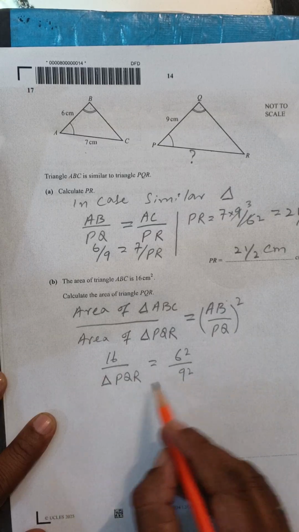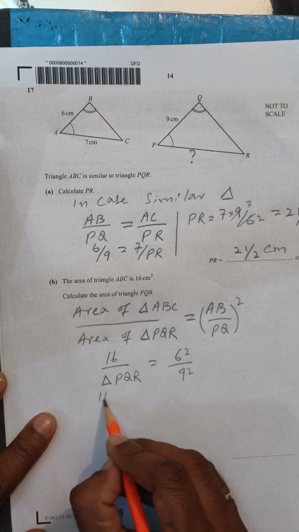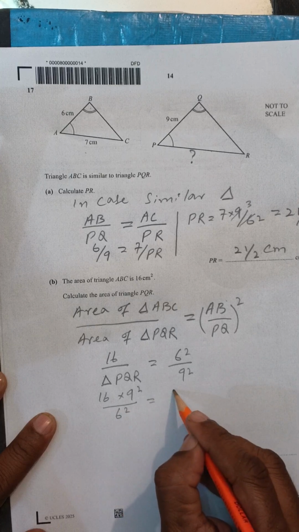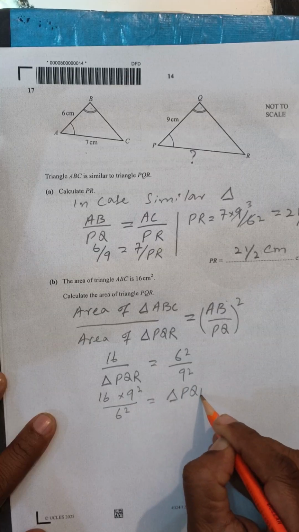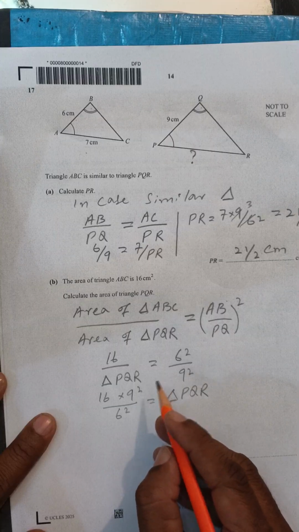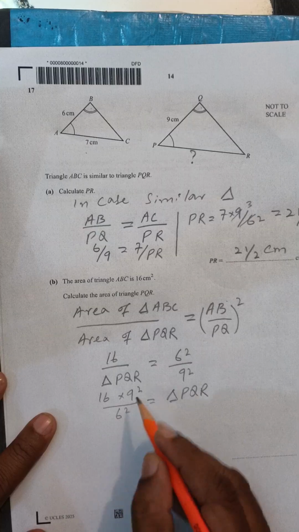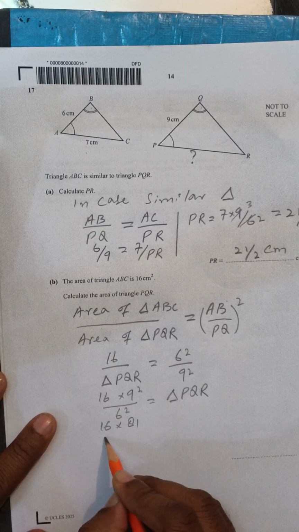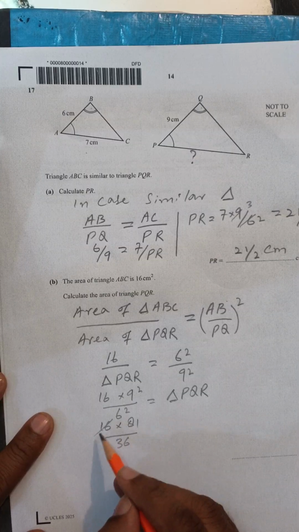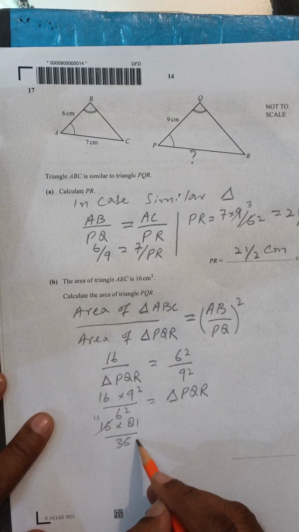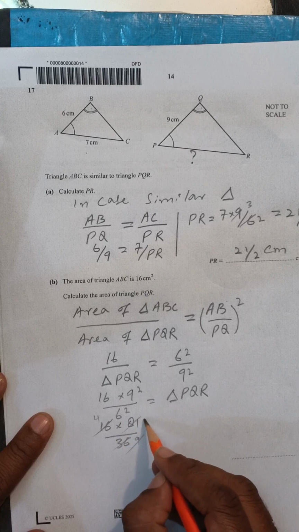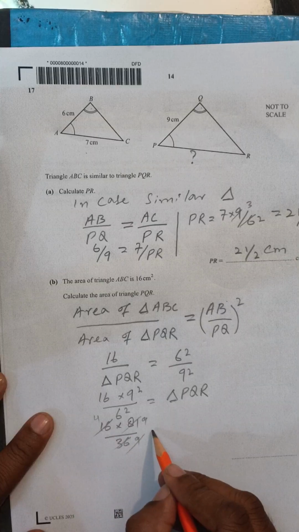Just multiply here: 16 multiplied by 9 square divided by 6 square equals the area of triangle PQR. Now solve it: 16 multiplied by 81 over 36. 4 fours are 16, 4 nines are 36, and 9 ones are 9, and 9 nines are 81, so 9 fours are 36.